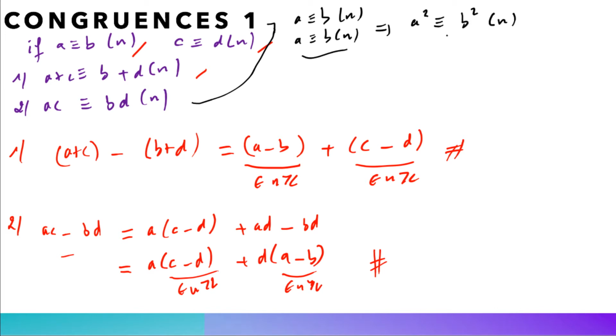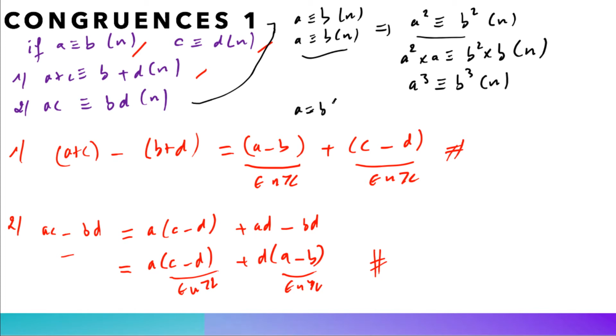And from this one and the second claim, one can deduce that a squared times a is congruent to b squared times b modulo n, and this is equivalent to a cubed is congruent to b cubed modulo n. In the same fashion, one can prove that if a is congruent to b modulo n, then a to the m is congruent to b to the m modulo n, where m is any positive integer.